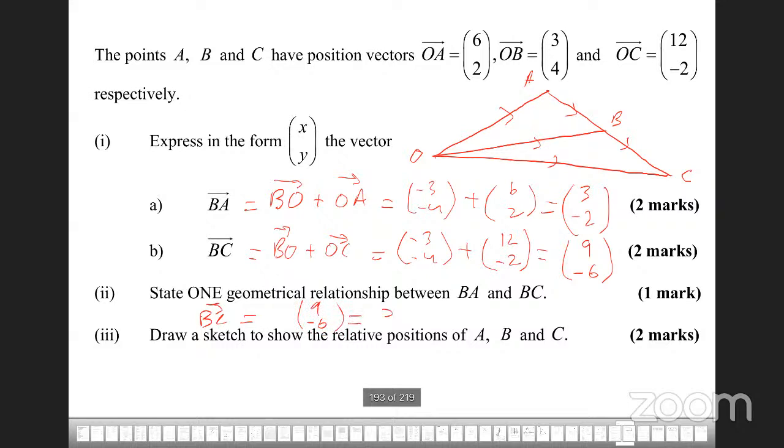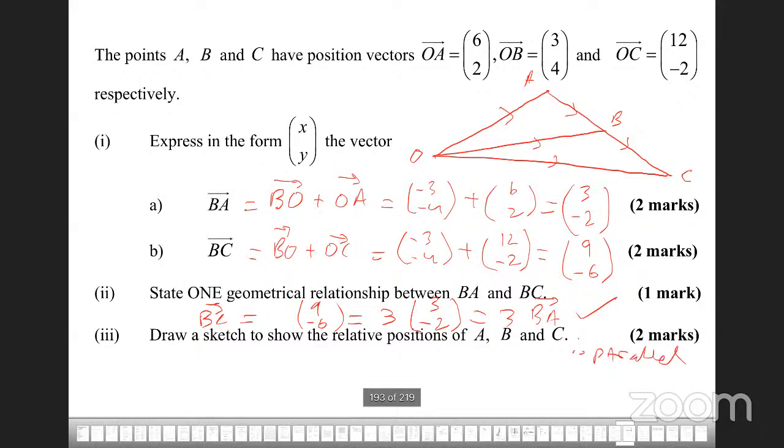If you were to factor out 3, you'll end up with 3, -2. 3, -2 is BA. So you end up with 3 BA. So therefore, they are multiples of each other. You're seeing that? Once you could pull out some factor, you're good to go. It could be a whole number, it could be a fraction, it doesn't matter, right? Therefore, they are parallel.